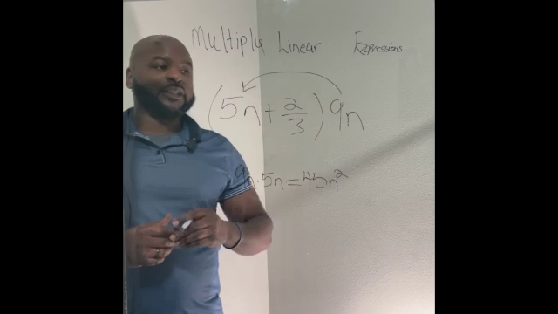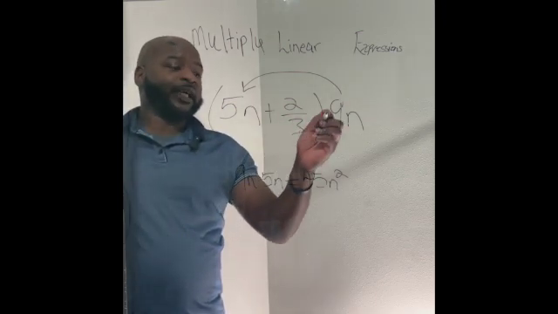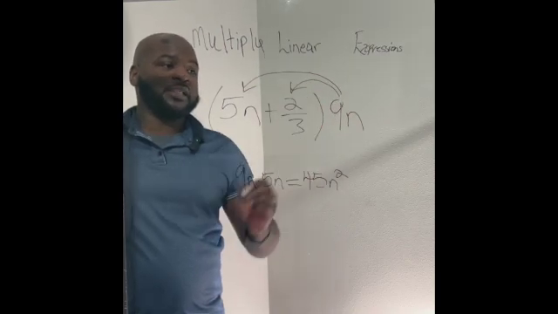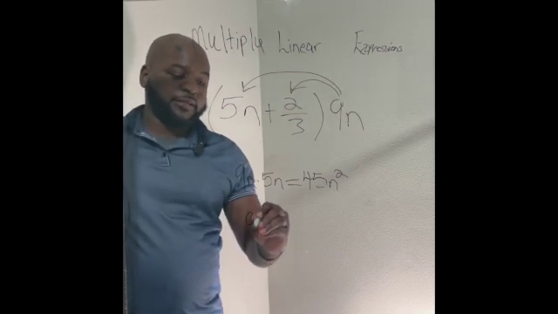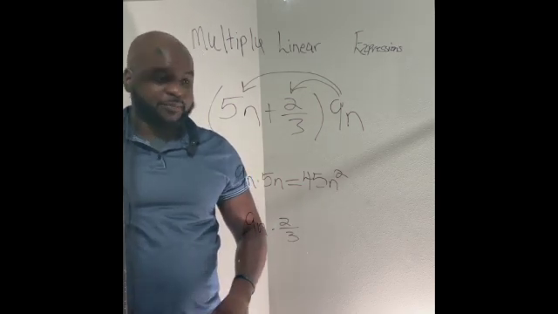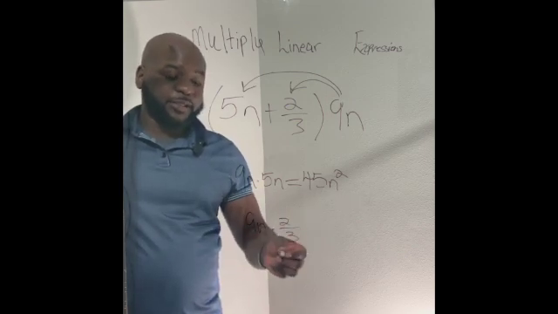Okay, so next we're going to distribute out the next value, which is 2/3. We're going to do 9n times 2/3. So 9n times 2 over 3. So we could go ahead and make this 9n into a fraction. So I could multiply across.